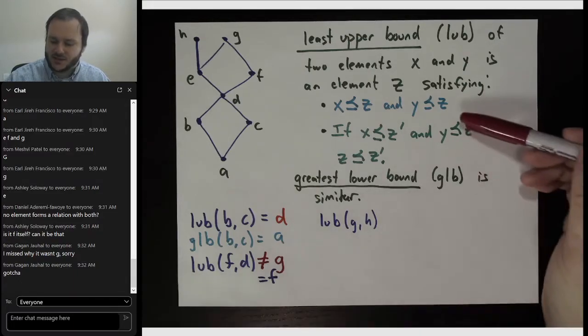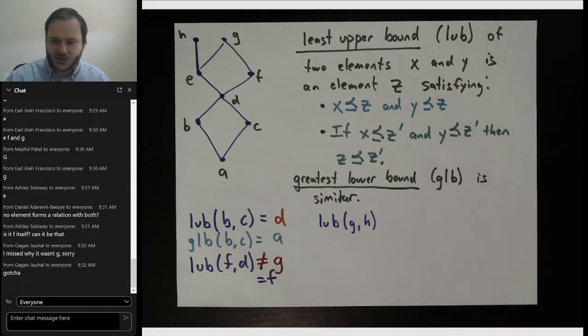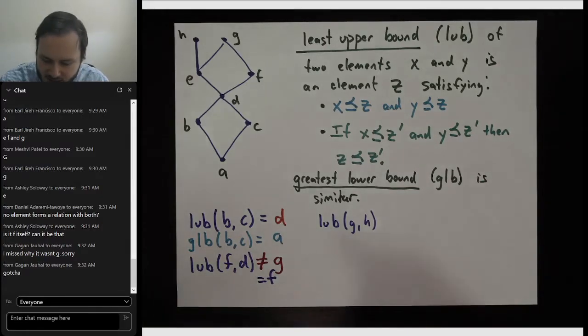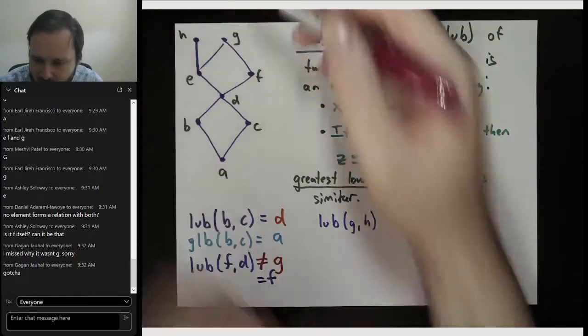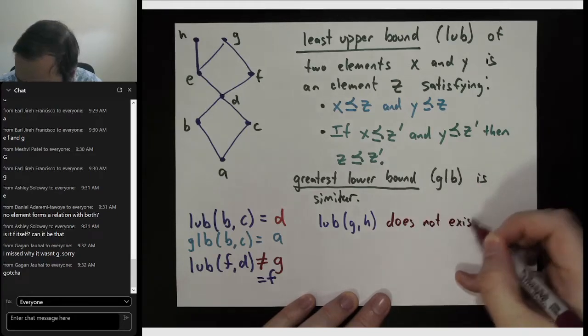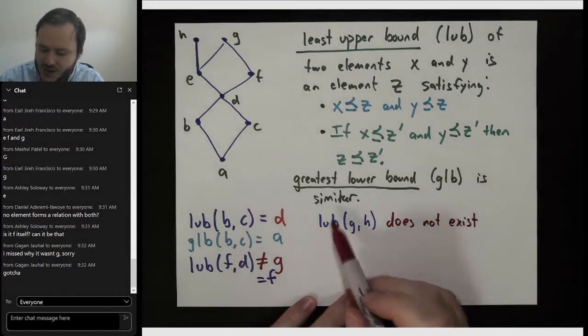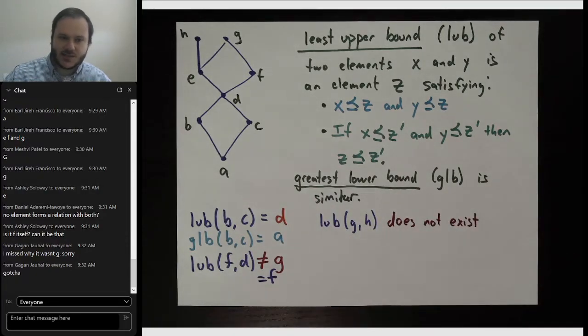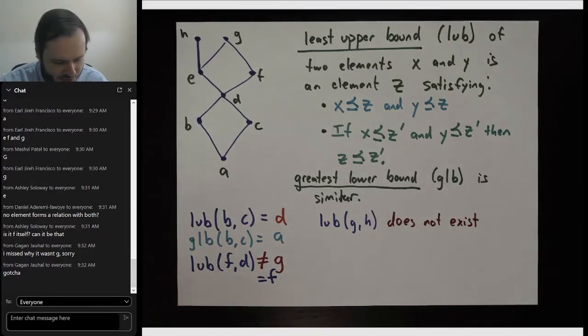Is there any element that satisfies these two things for G and H? So there is not, right? Nothing is bigger than both G and H. So it is possible that least upper bounds and greatest lower bounds don't exist. That is a thing that can happen as well. Wanted to make sure I mentioned that.